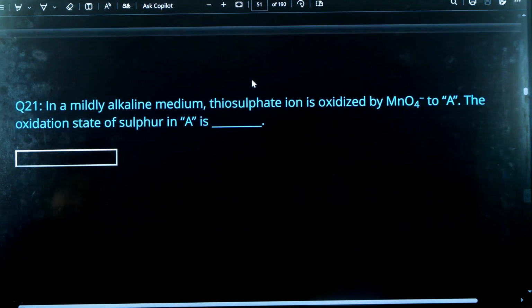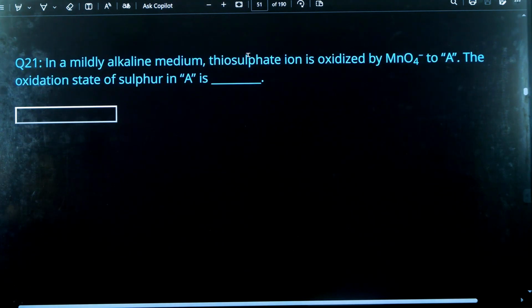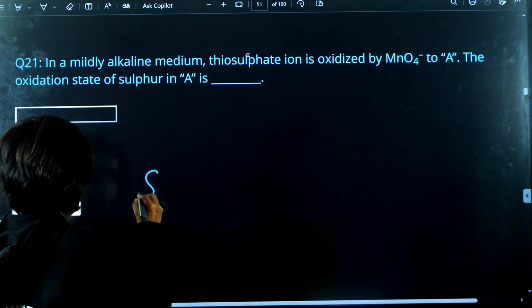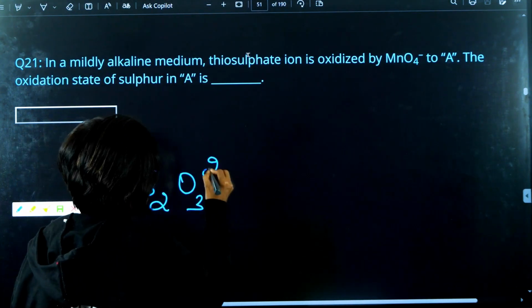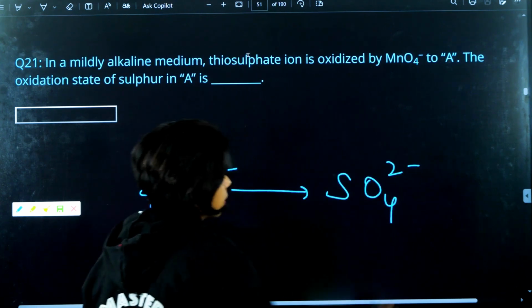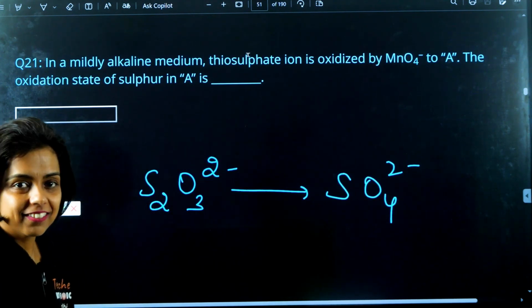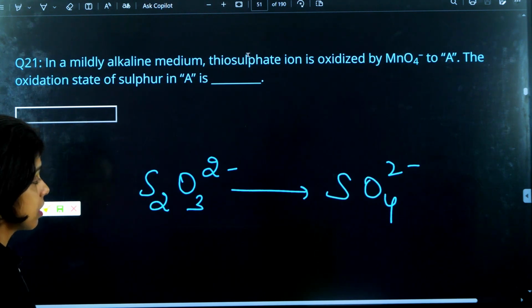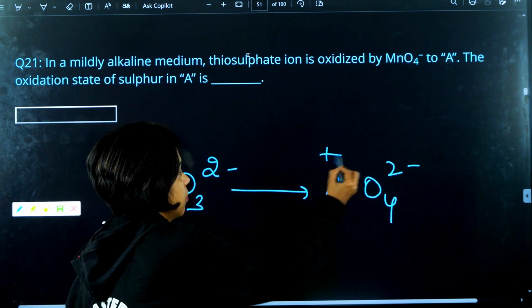Let's move ahead. In mildly alkaline medium, thiosulfate ion is oxidized by KMnO4 to, of course, sulfate. MnO4 negative, right? So it will form sulfate. The oxidation state of sulfur in sulfate is +6.